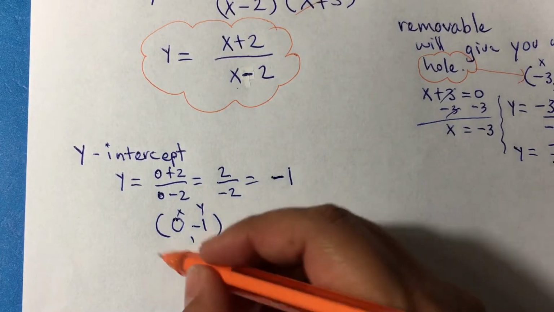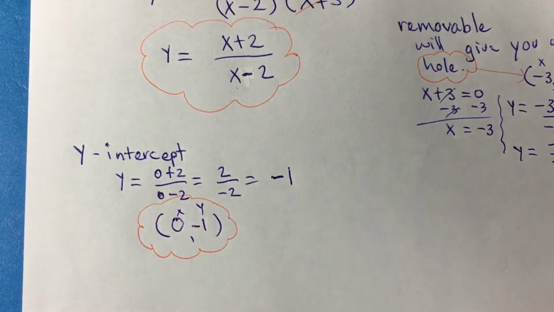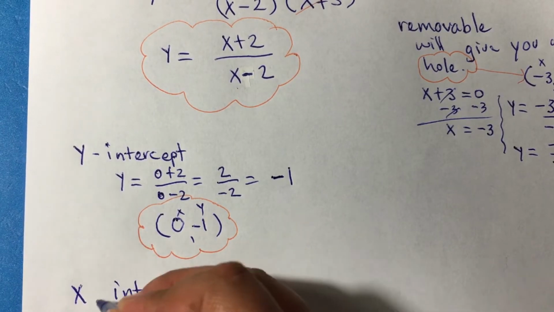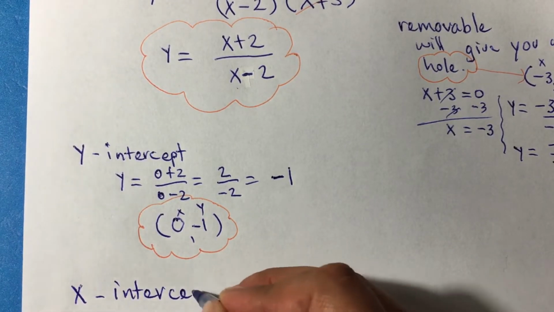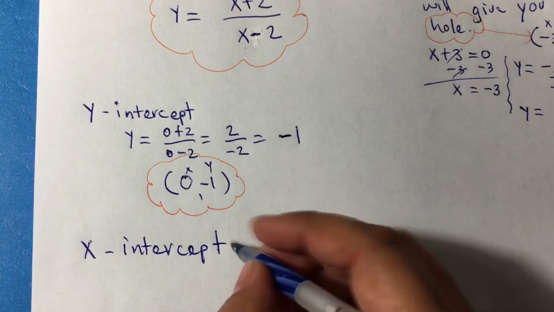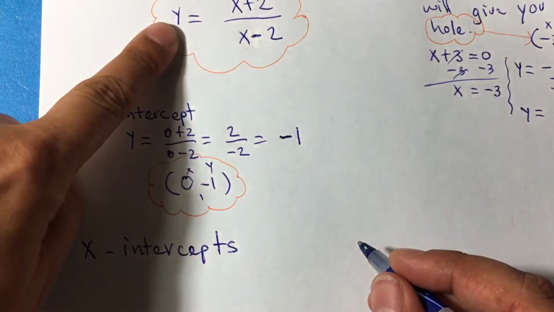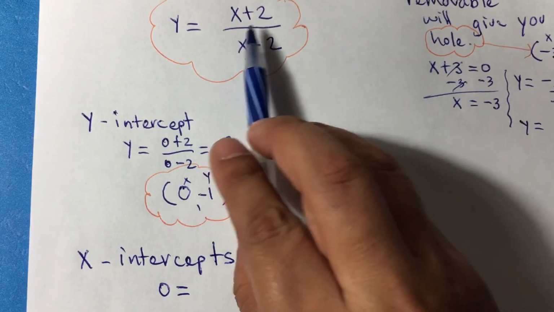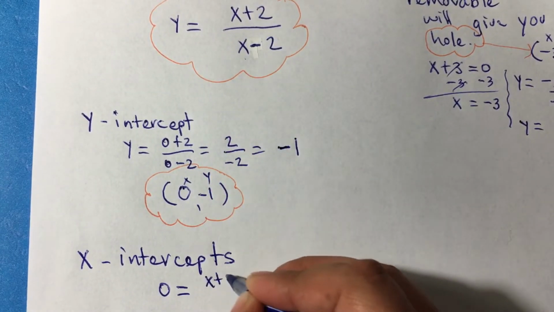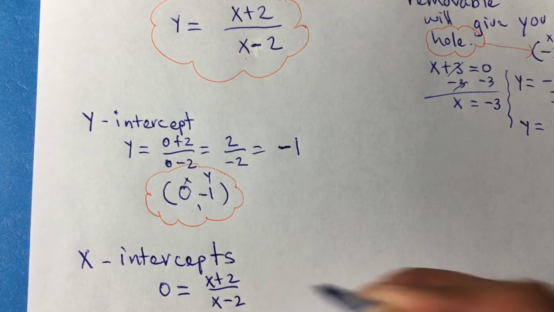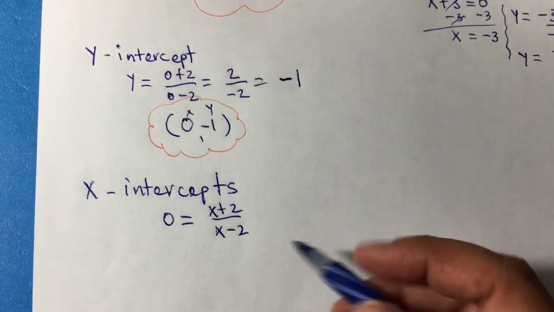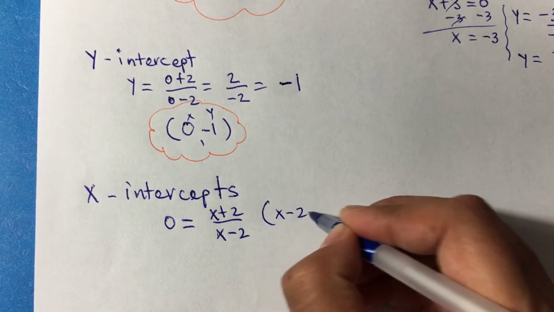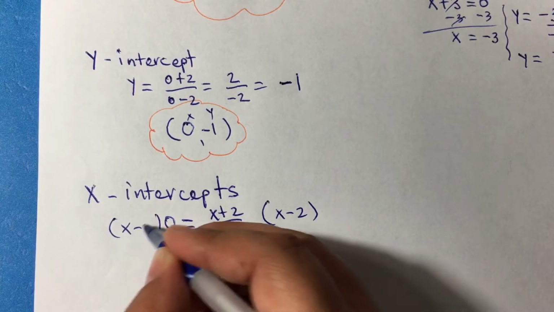Okay, I have another piece of information. For my x-intercept, y will be 0. Remember that for the intercepts, the other coordinate is 0. So I'm going to replace y by 0 and write 0 equals x plus 2 over x minus 2. If I'm dividing, the opposite is to multiply by x minus 2 on both sides.